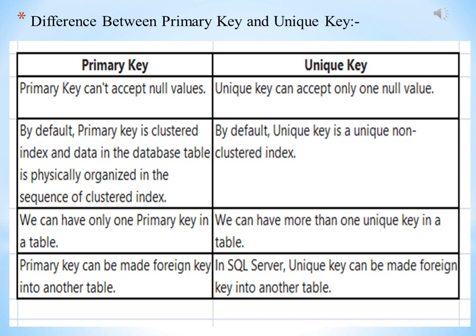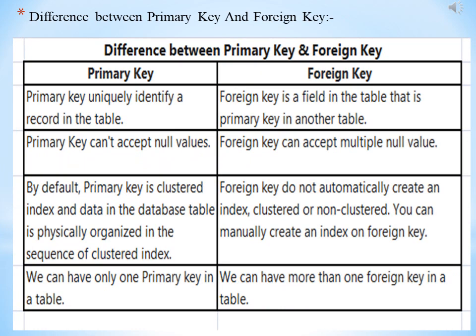Now the difference between the primary key and foreign key. A primary key uniquely identifies records in the table, and a foreign key is a field in the table that is a primary key in another table. A primary key can't accept null values, and a foreign key can accept multiple null values.